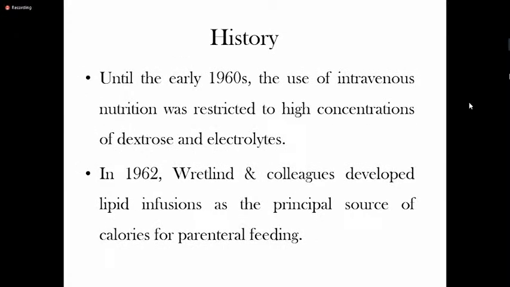Now, historically, until the early 60s, the use of intravenous nutrition was restricted to high concentration of dextrose and electrolytes. In 1962, Wretlind and his colleagues developed lipid infusions as the principal source of calories for parenteral feeding.